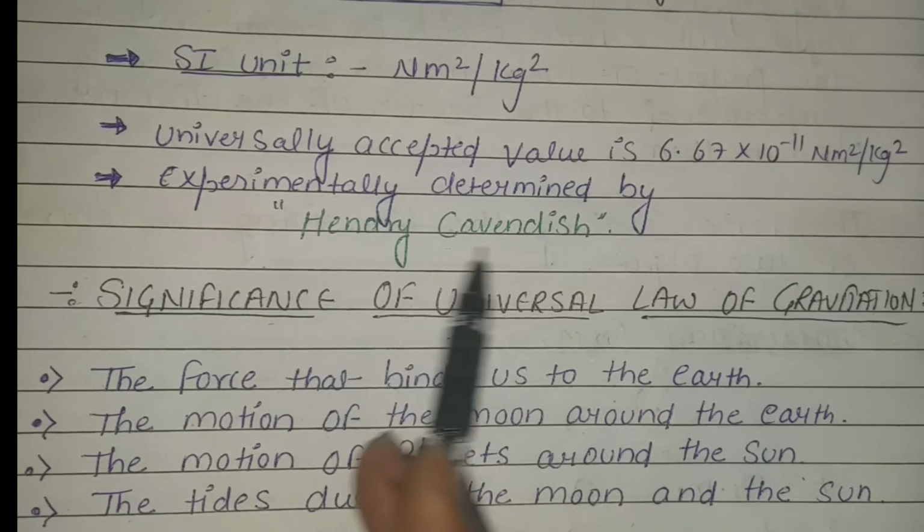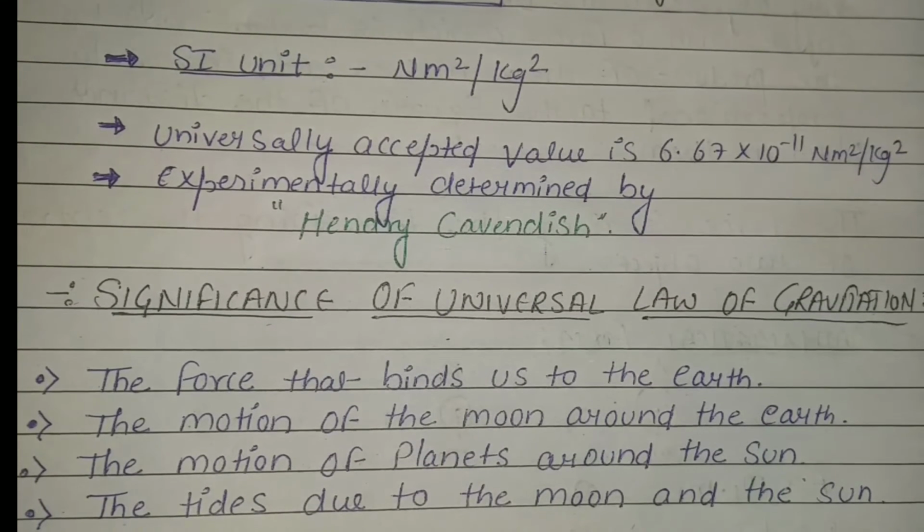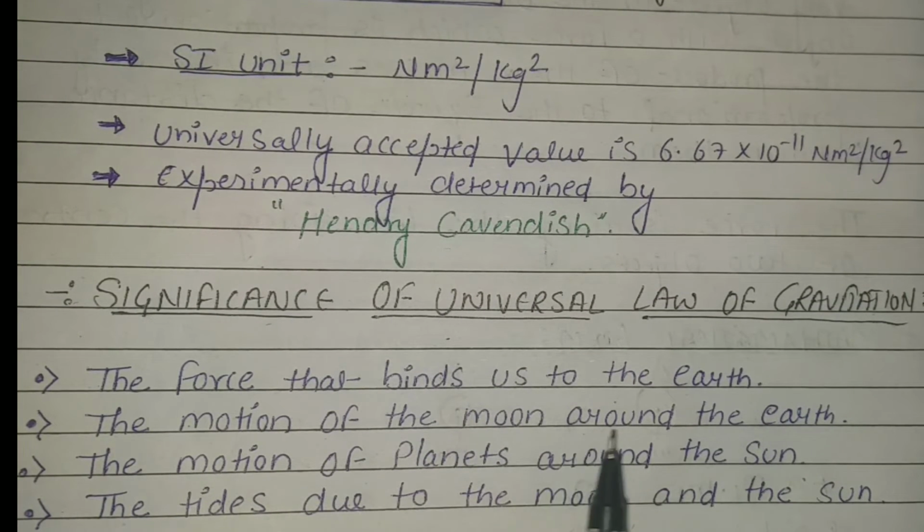This scientist determined the value experimentally. Now come to the significance of the universal law of gravitation. You can also say the importance of the universal law of gravitation: the force that binds us to the earth, the motion of the moon around the earth, the motion of the planets around the sun, and the tides due to the moon and the sun.